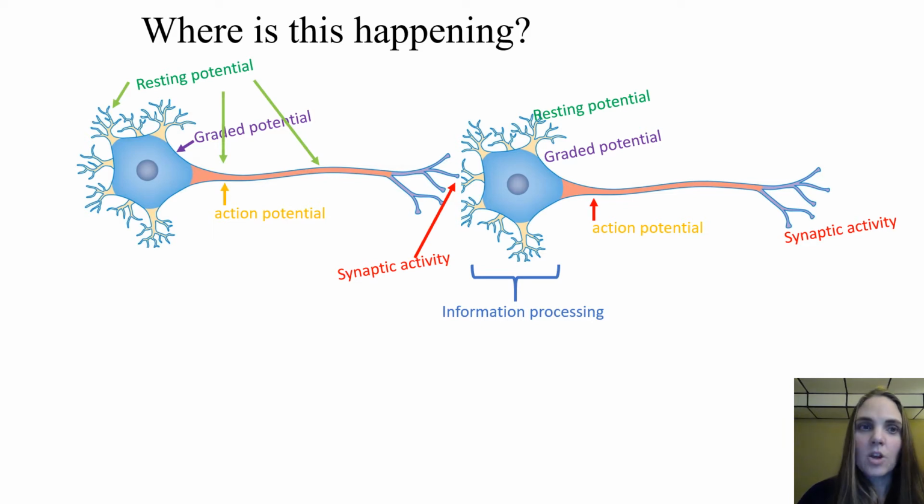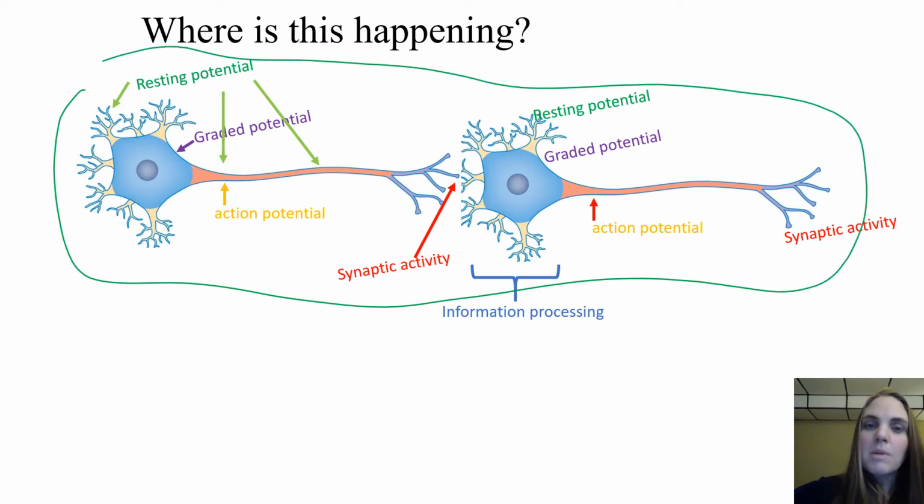And just once again, looking at where this is happening, resting membrane potential. Initially, we're going to have resting membrane potential all across our membranes. When our cell is resting, no processes are going on, we are going to have a resting membrane potential. That graded potential is going to be that localized change in membrane potential as a result of a stimulus, and that usually happens at the dendrites or the cell body.